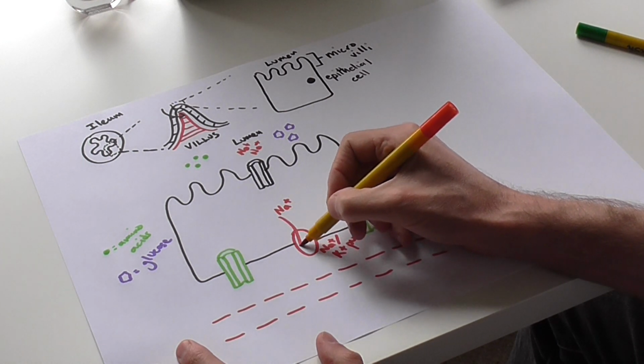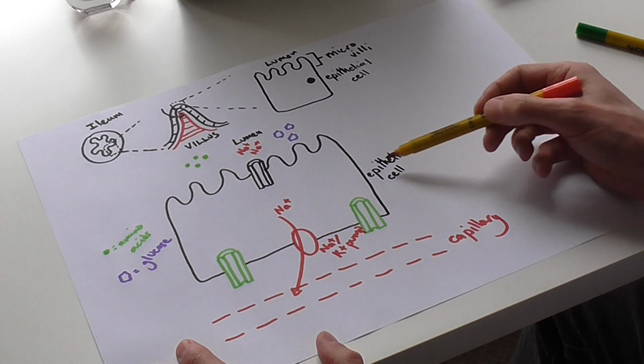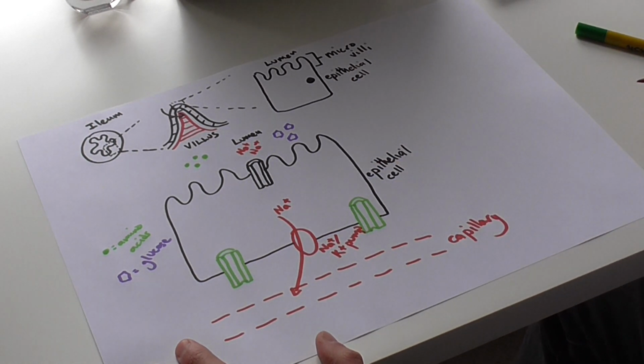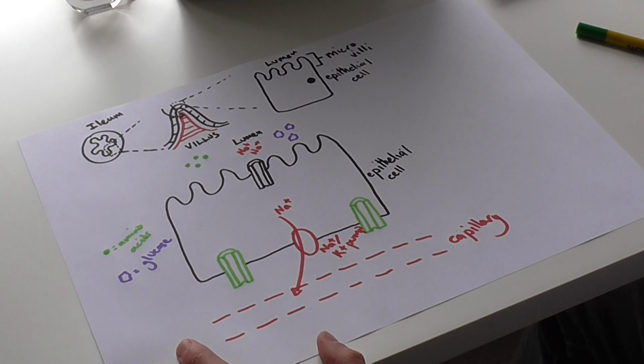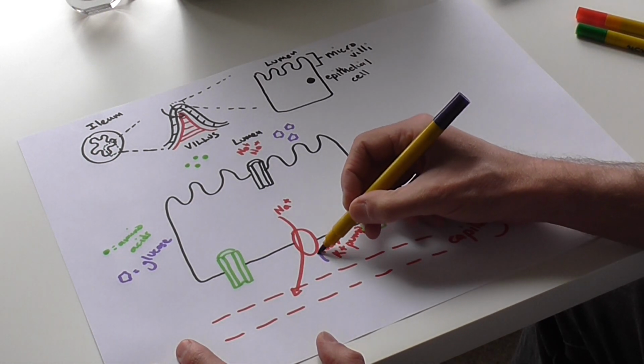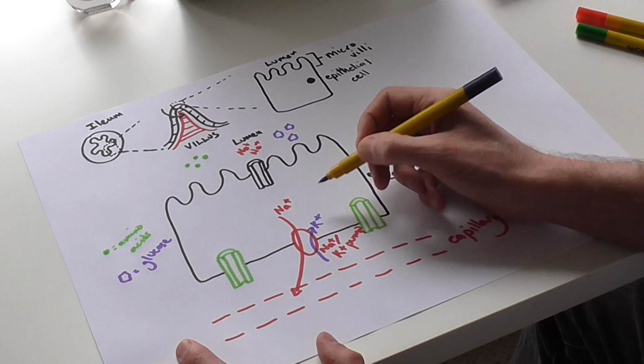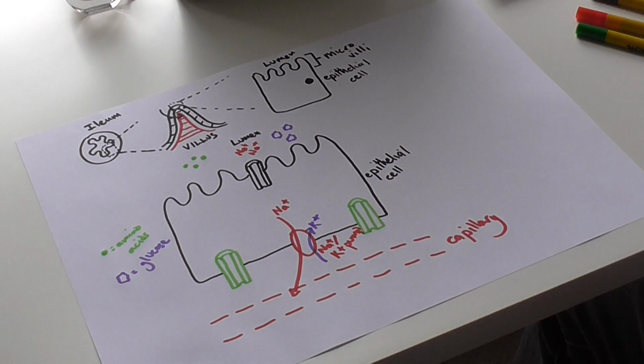So in this case, sodium ions are going to be actively transported from the epithelial cell and then into the capillaries just below them. Potassium ions are actively transported, always in the other direction, so from outside the cell to inside, but they play no role in the reabsorption of glucose or amino acids, so we don't need to mention anything more about them.